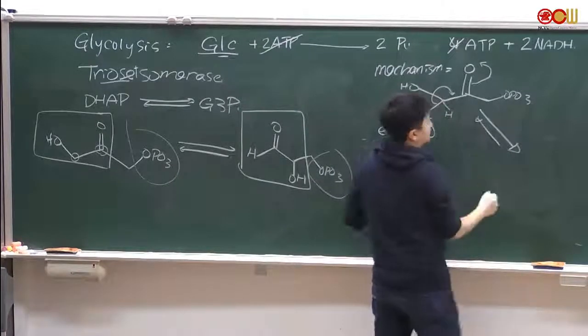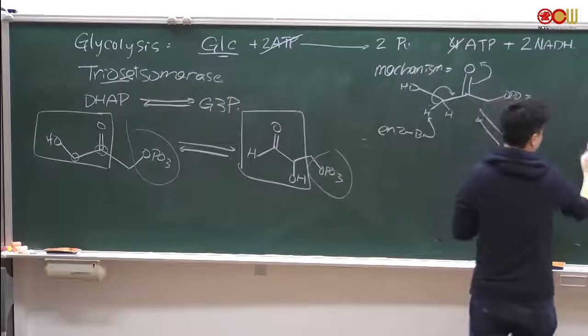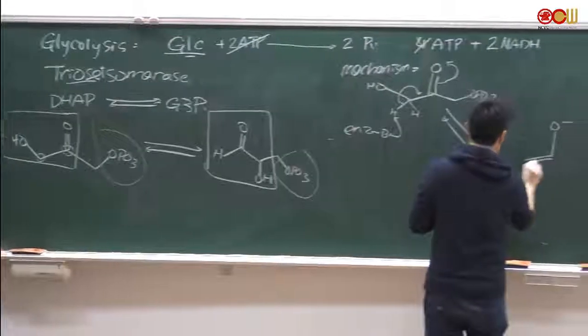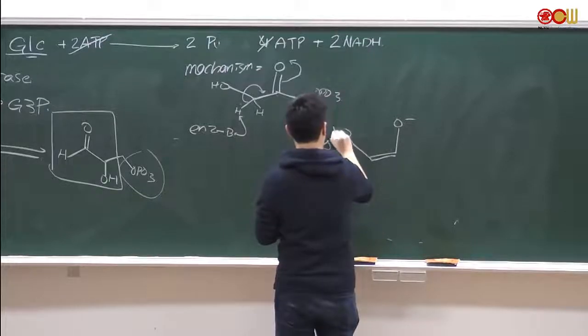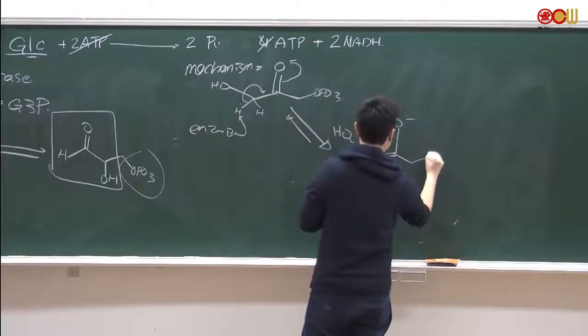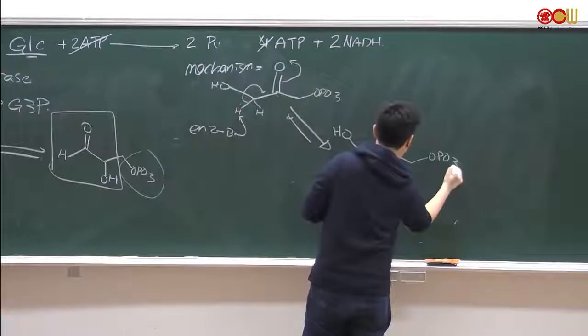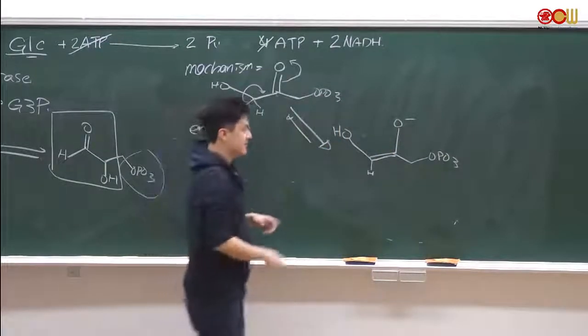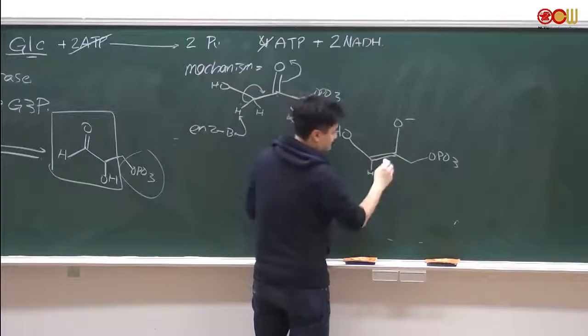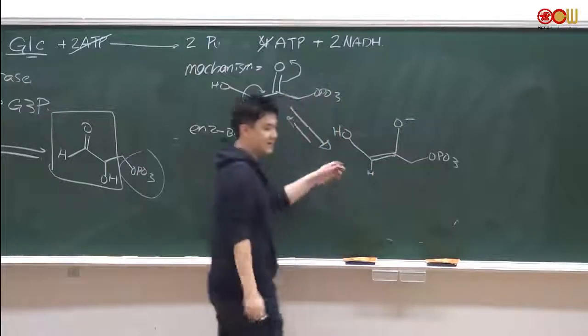And by the way, this is all reversible. You then generate this enolate intermediate.